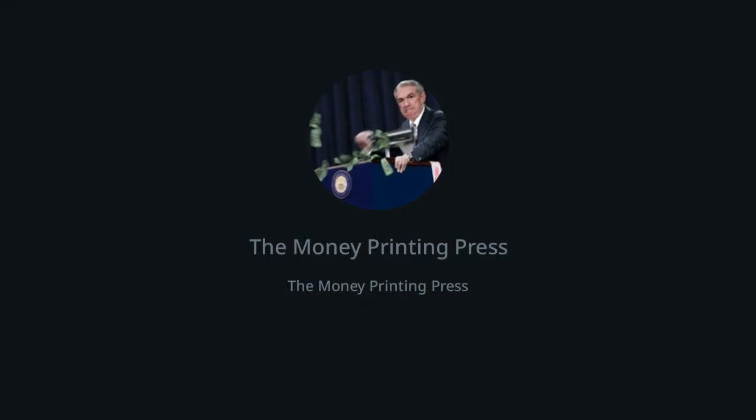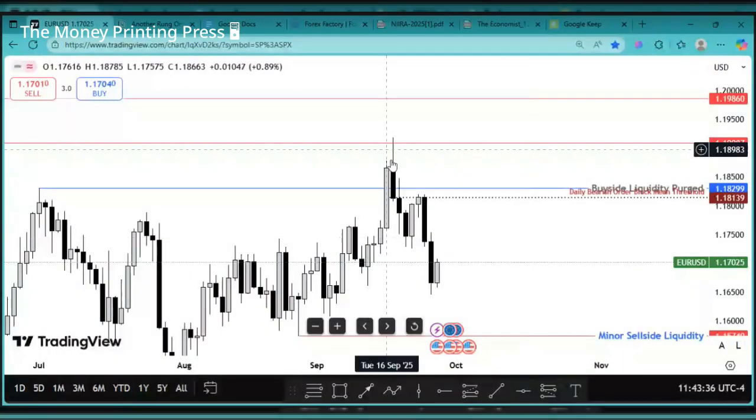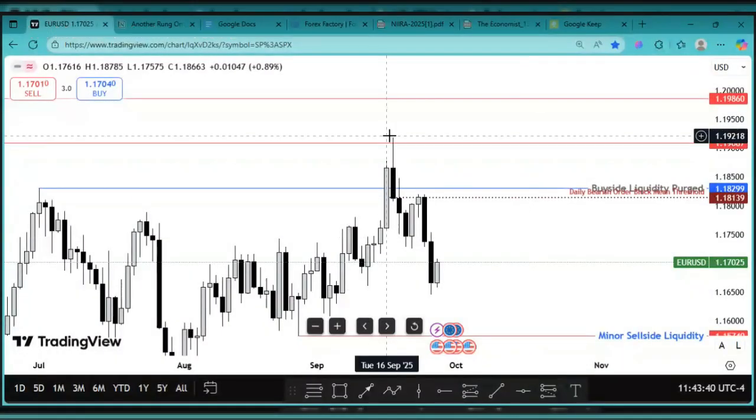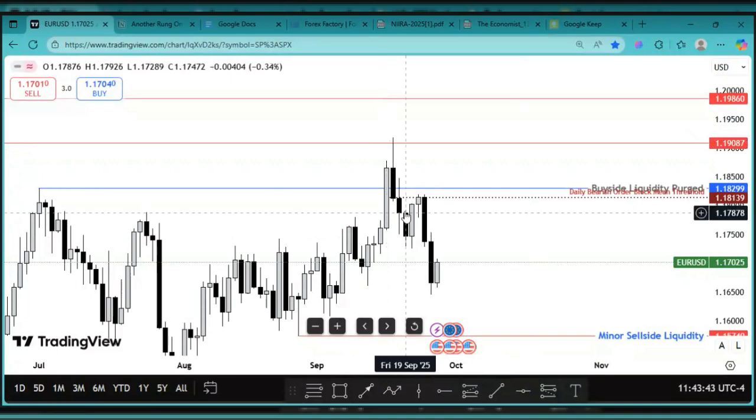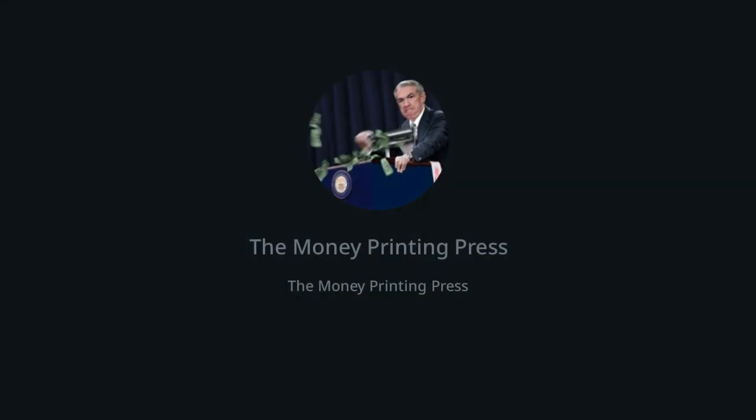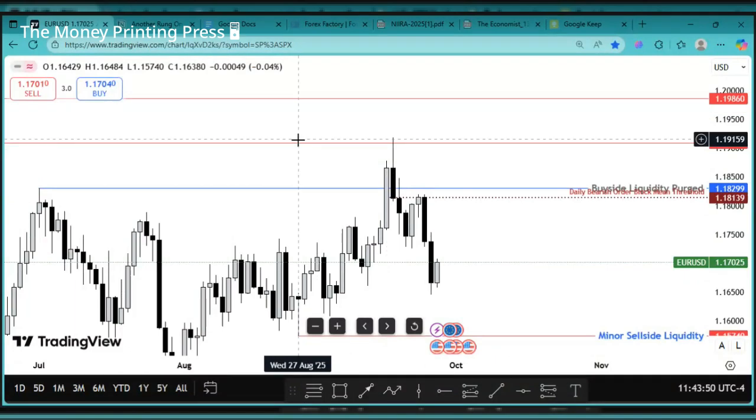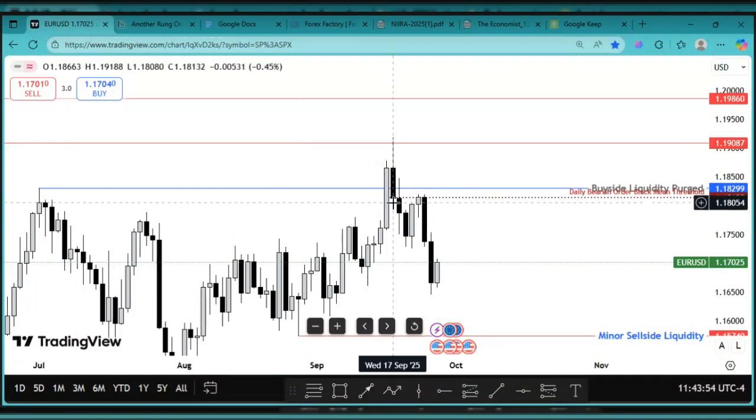Now, when price came here, it displaced lower, leaving behind a fair value gap. This gap right here, just like this gap that is anchored on the monthly time frame, there's another gap here between these two candlesticks, the candlestick of Wednesday 17th and the candlestick of Friday 19th. In between that is a gap.